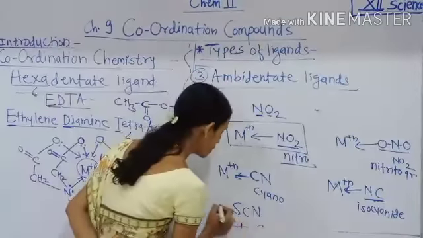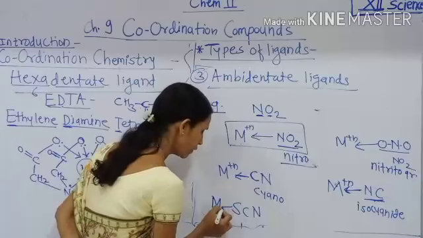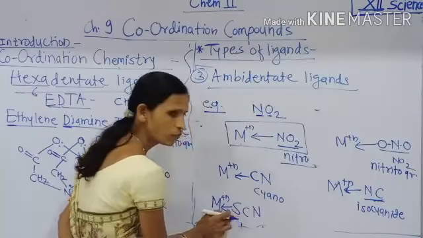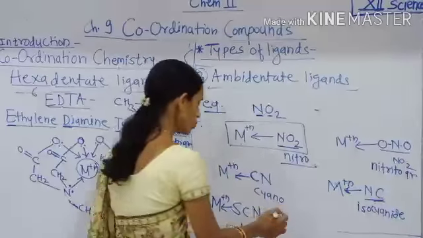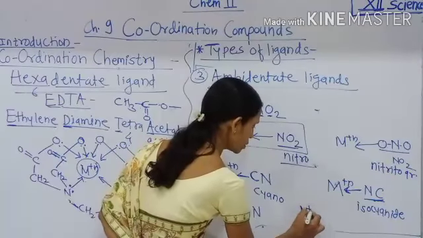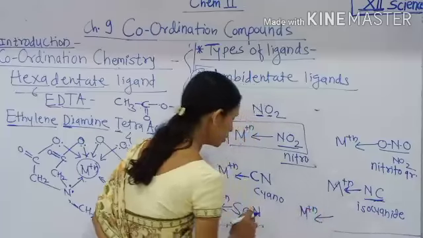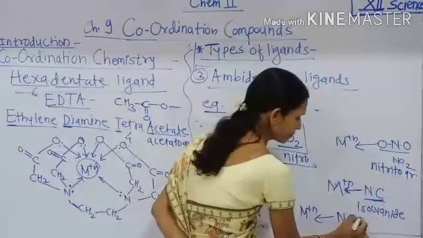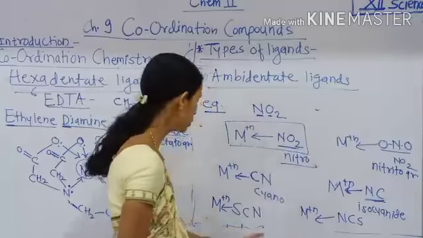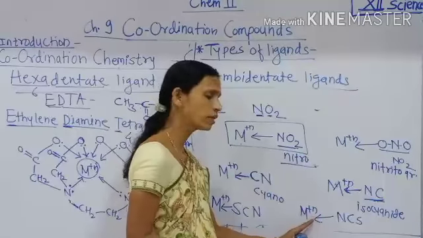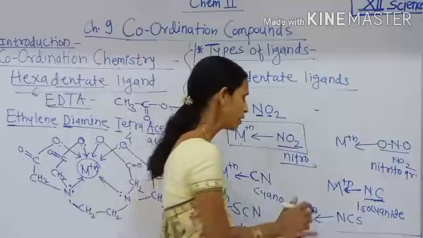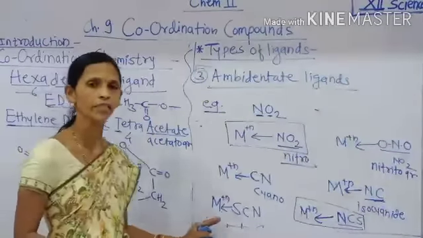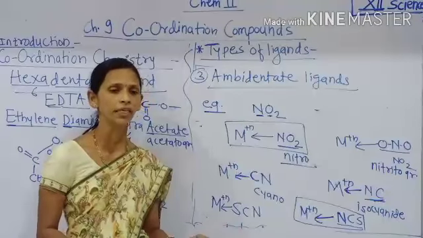It can form a complex when it is attached to the central metal ion through the sulfur atom, and it can also be attached through the nitrogen atom, that means NCS, in another type of complex. These are a few examples of ambidentate ligands.